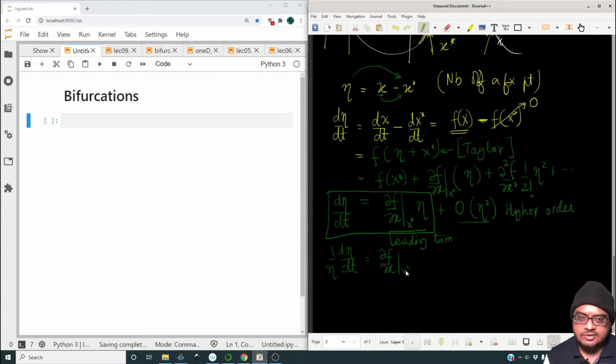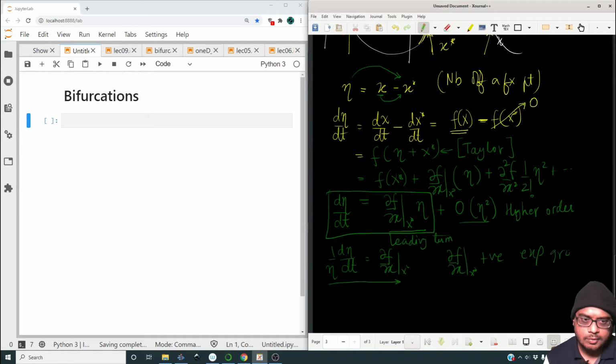If del f del x at x star is positive, then you have exponential growth locally. And if del f del x is negative, then you have exponential decay locally.